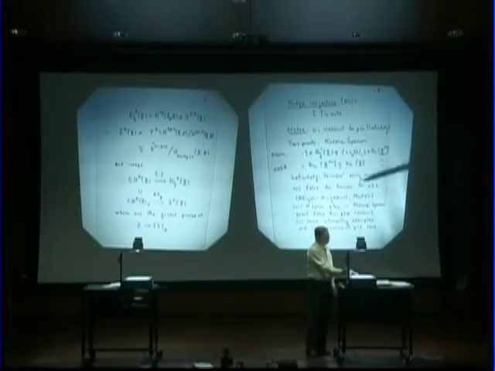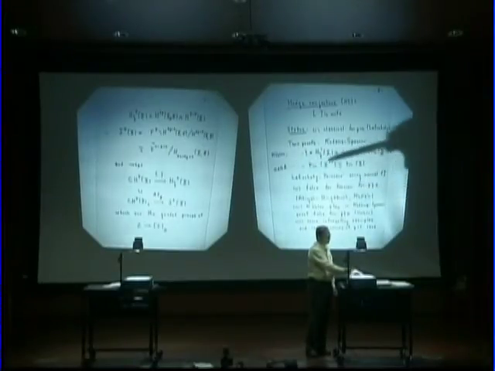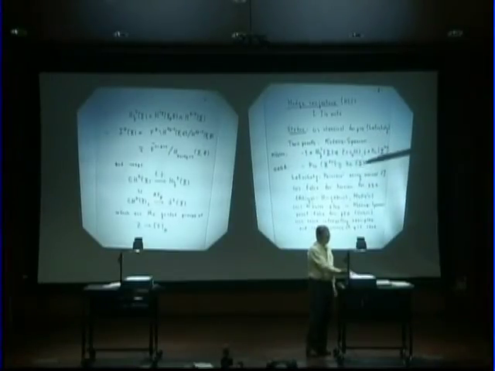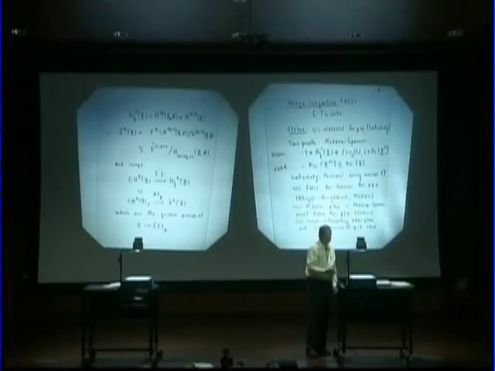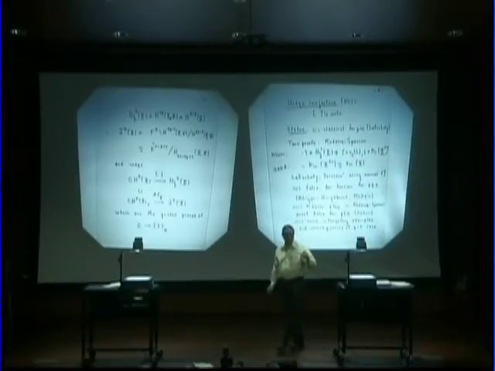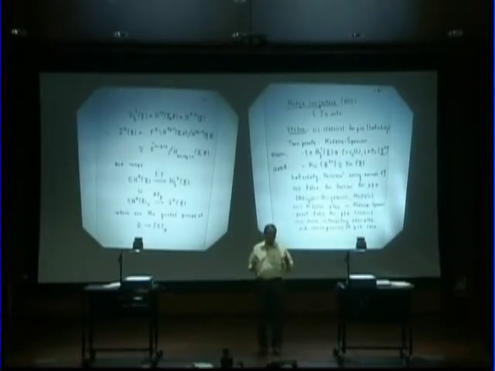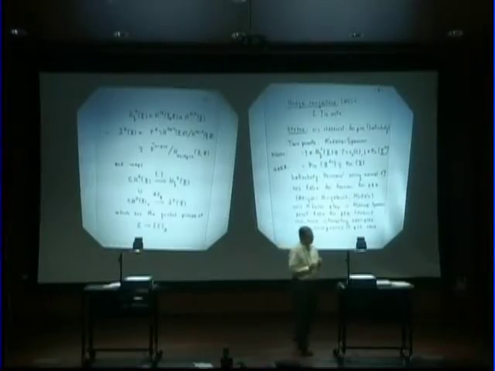And the second step is what's called GAGA, the comparison theorem between analytic and algebraic, that says that the group of line bundles of X as an algebraic variety is isomorphic to the group of line bundles considered as an analytic variety. So it's some extension of Chow's classical theorem that an analytic subvariety of projective space is algebraic.